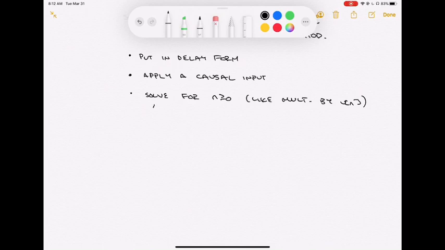So all of this is going to utilize the unilateral Z-transform. So our goal here is to solve a linear difference equation for some input with some initial conditions, and to do so through the Z-transform methods. So let's do an example of this.